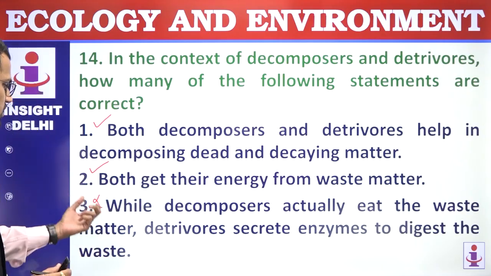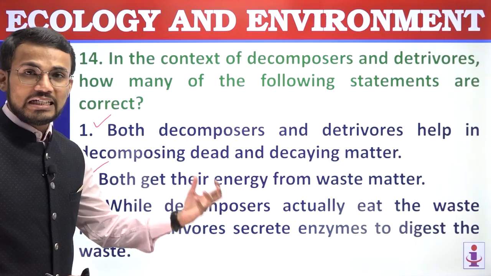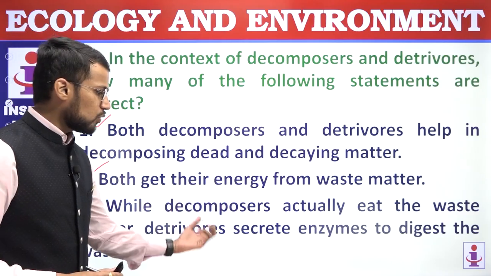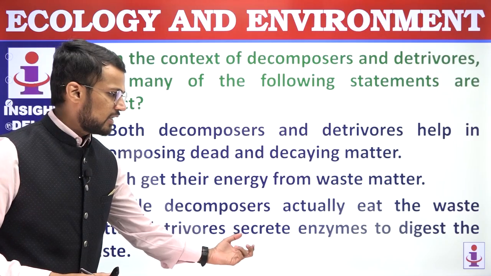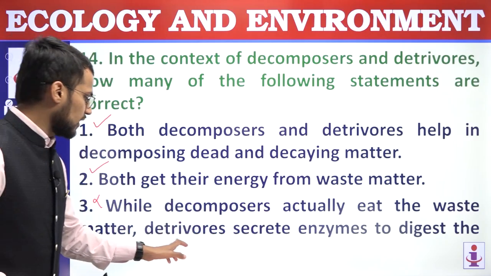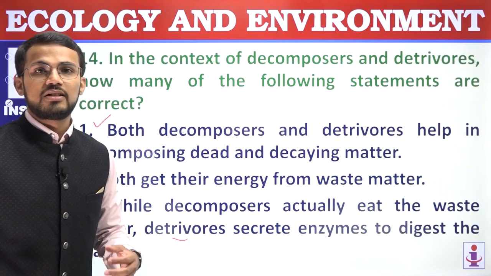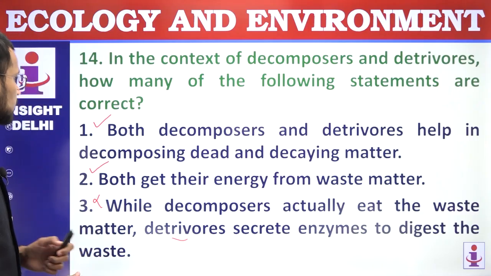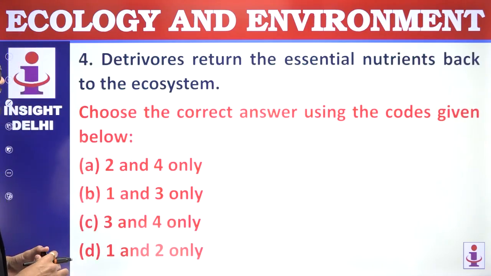Both decomposers and detritivores actually eat the waste matter, but it is saprotrophs that secrete enzymes to digest the waste material, right? So it is not detritivores that secrete enzymes, it is done by saprotrophs. Fine, so that's why the third statement is incorrect. Fourth, detritivores return the essential nutrients back to the ecosystem.